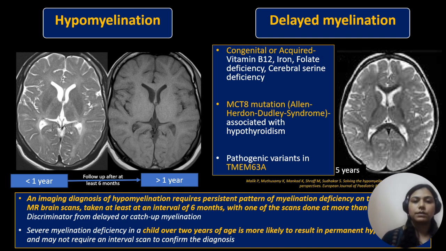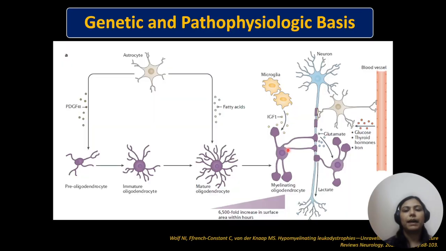confirm the diagnosis. Myelin sheath is formed from oligodendrocytes in an energy-consuming, organized process which involves interaction with astrocytes as well as growth factors and transcription factors.